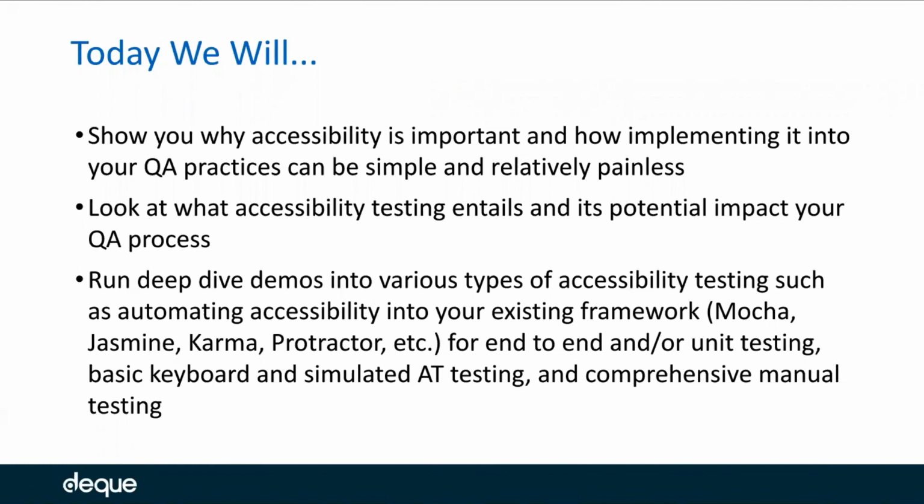We'll take a look at comprehensive manual testing through the lens of Deque's licensed software WorldSpace Assure. And then in between these two, fully automated and fully manual, is an in-between space where we can look at some simulated AT testing or user acceptance testing, leveraging the WorldSpace Attest browser extension, and talk about what exists between automation and comprehensive manual testing.